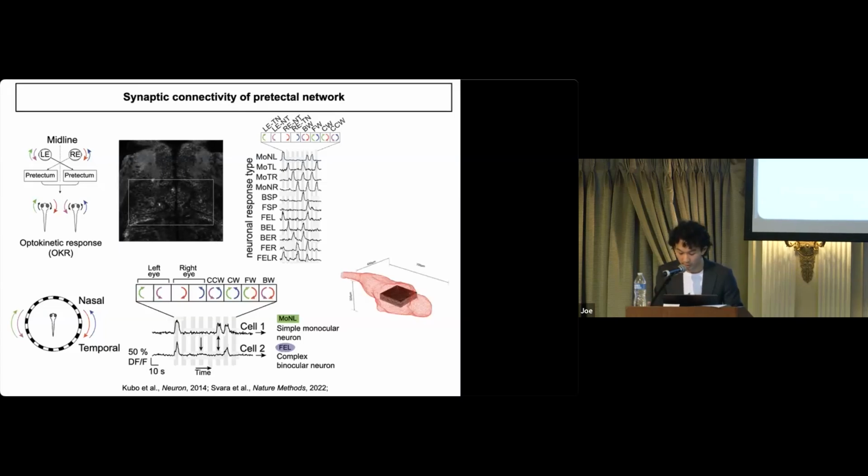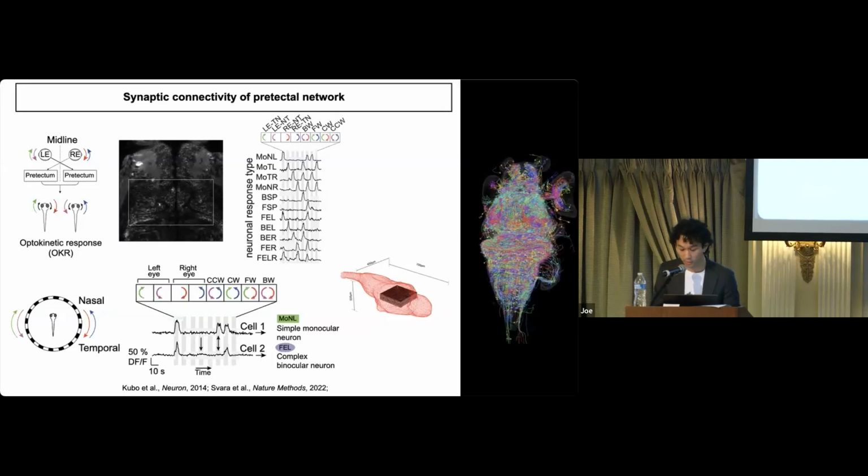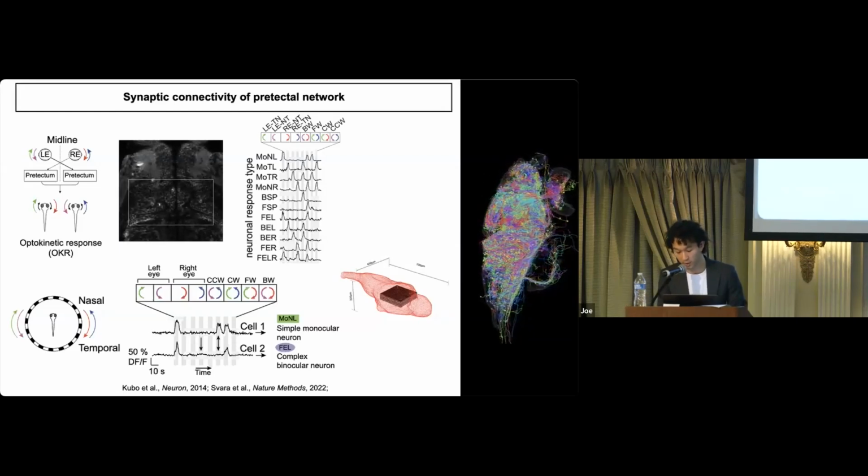Finally, in their 2022 study, they took electron microscopy images, or EM images, of the brain of the same fish at different depths and then stitched them together, ultimately sharing one of the first fully automated synapse resolution reconstructions of the entire larval zebrafish brain.